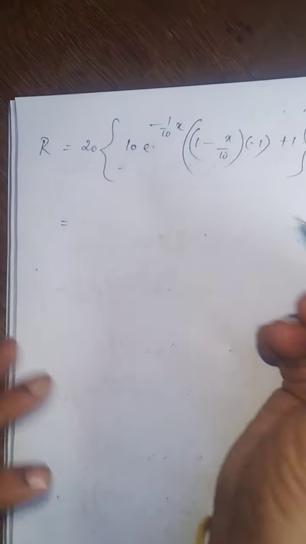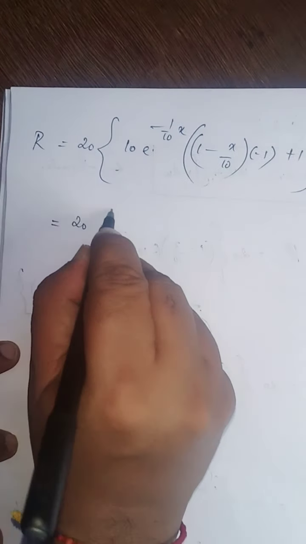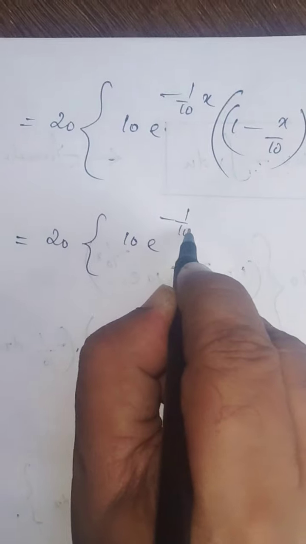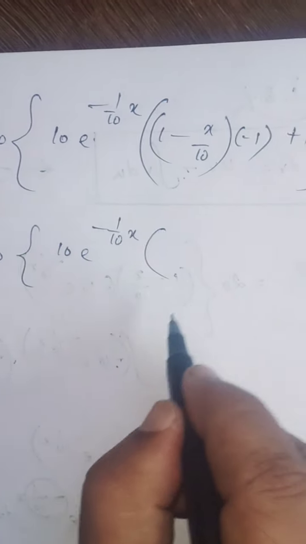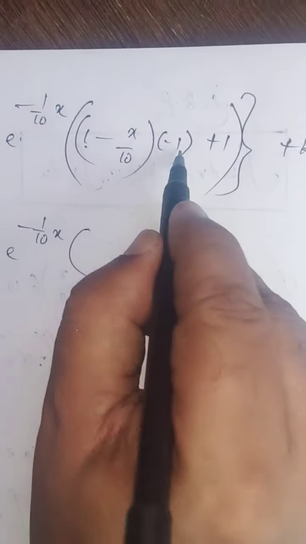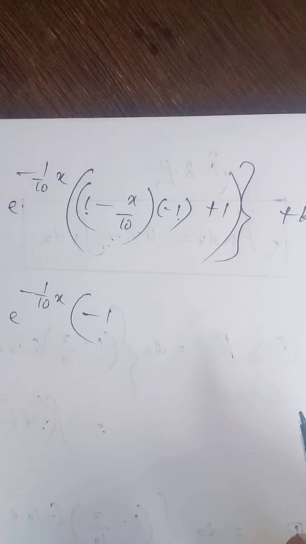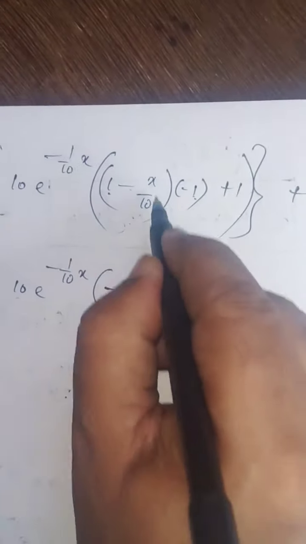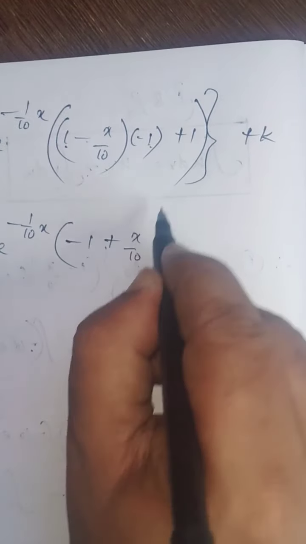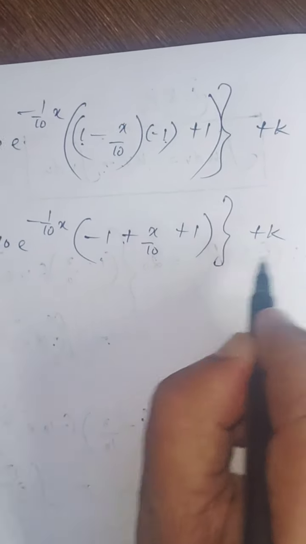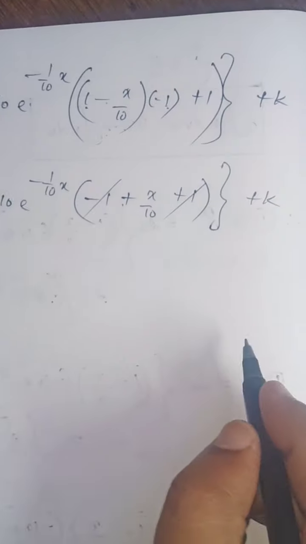That is equal to 20 into 10 into e power minus 1 by 10 into x into, close the bracket, 1 into minus 1, plus minus into minus is plus x by 10 plus 1, plus k. Minus 1 plus 1 cancelled.